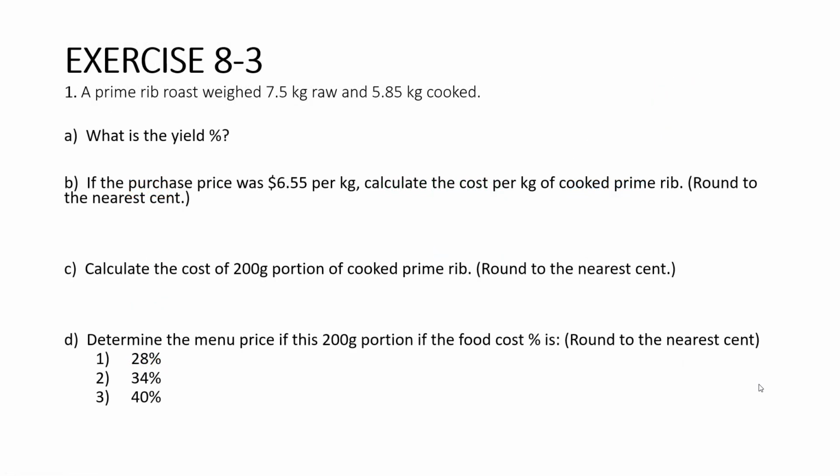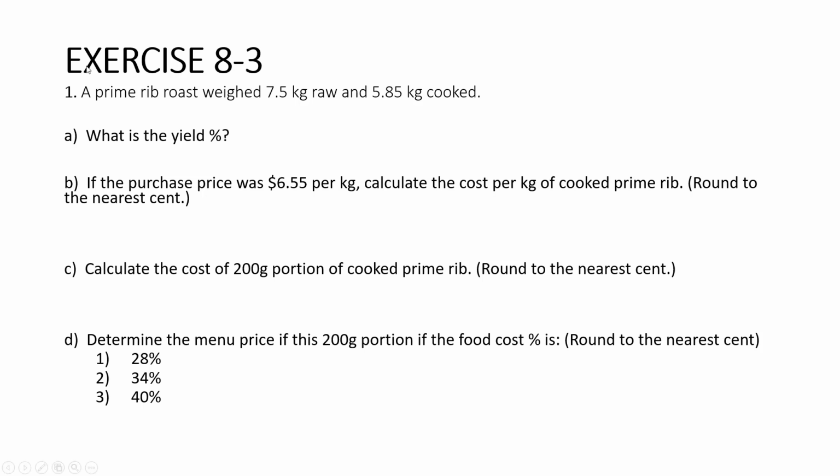Practical questions, our favorites. Number one, we have a prime rib roast that weighed 7.5 kilograms raw and 5.85 kilograms cooked. What is the yield percent? Well, if we remember our pyramid, the yield percent is calculated by taking the amount of EP divided by AP.